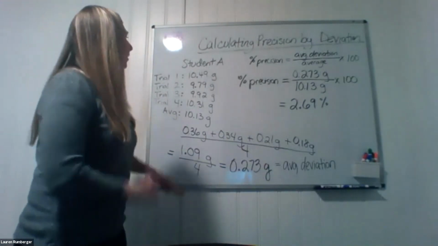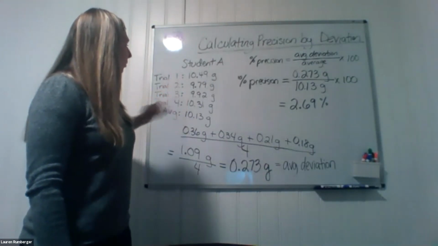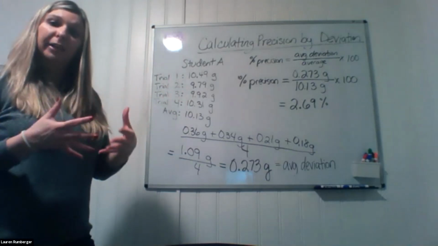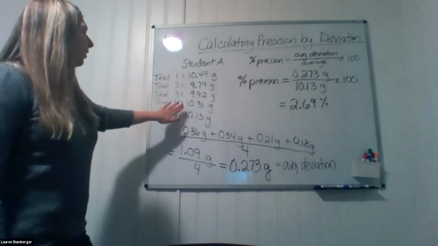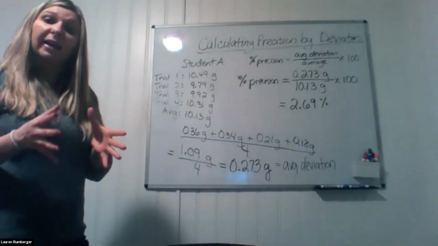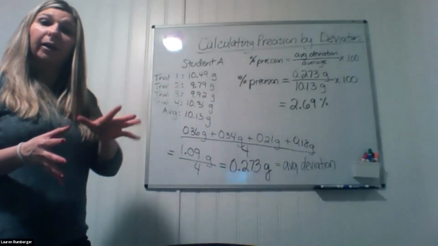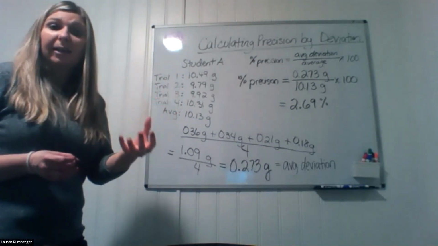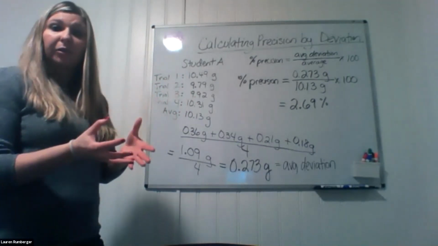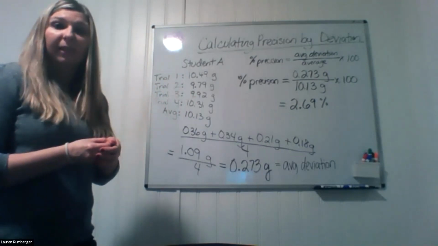So what we noticed here was that each one of these trials varied in their measurement. When this occurs, this means that there is some kind of random error occurring, or it is a systematic error that is occurring, that there's something wrong with the scale that you're using and it needs to be properly calibrated.